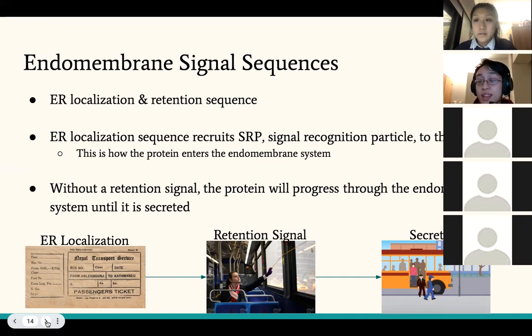Those retention sequences tell the cell that this protein is meant to stay in the ER, or this protein is meant to stay in the Golgi body. That would be like an early exit, like grabbing the wire on buses. And if you have no retention sequences, you just travel along the endomembrane system, and you'll eventually be excreted. That's like the last stop, and you have to get off at that point.